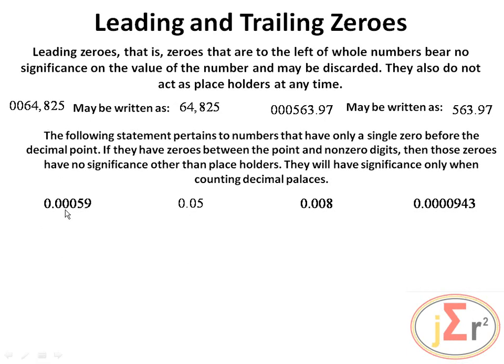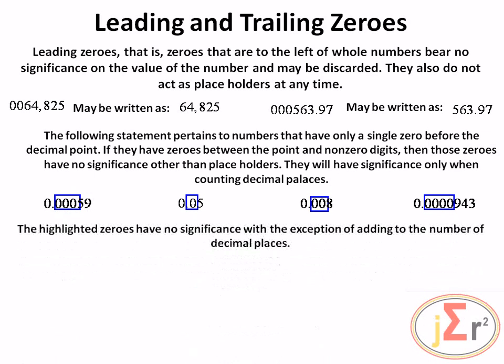Notice that they have zeros between the decimal point and the non-zero digits. And of course, to the left of the point, we have a zero. The highlighted zeros have no significance with the exception of adding to the number of decimal places.